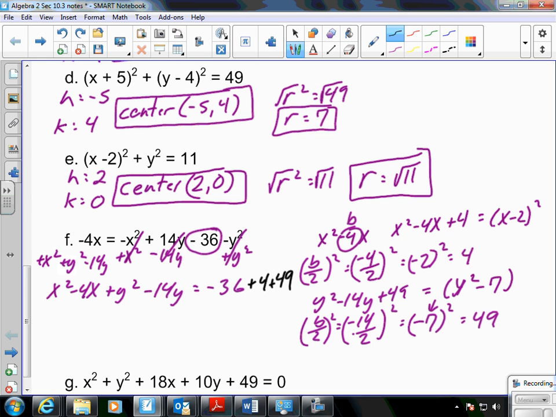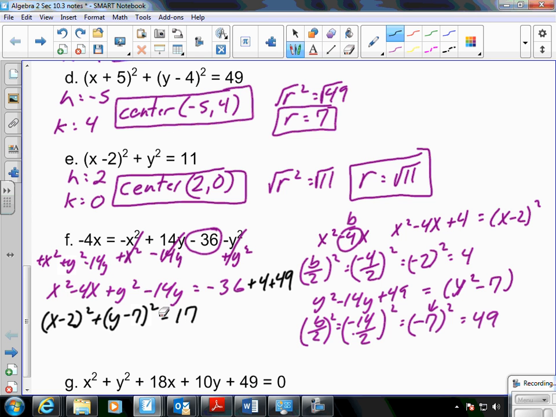And so now I'm going to rewrite this as x minus 2 squared plus y minus 7 squared is going to equal negative 36 plus 4 would be negative 32, and negative 32 plus 49 is going to be 17.